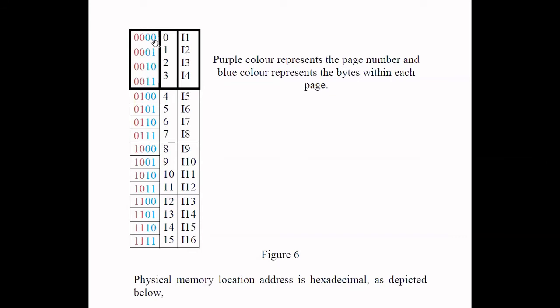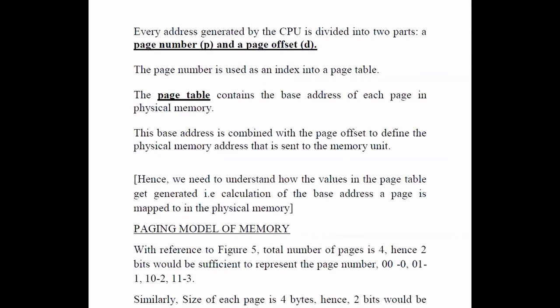These 2 bits represent page 0. Again, these 2 bits represent page 1. These 2 bits represent page 2. And these 2 bits represent page 3, and the respective bytes within the pages. So we need to have clarity now. In order to represent the logical address, 4 bits are more than sufficient.